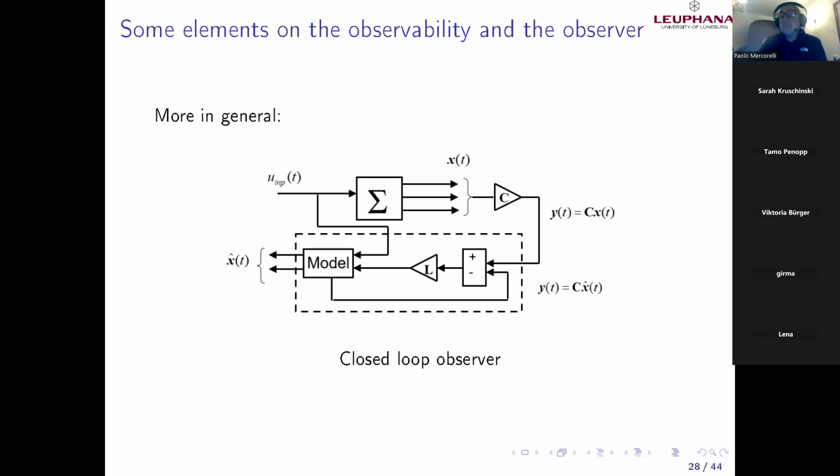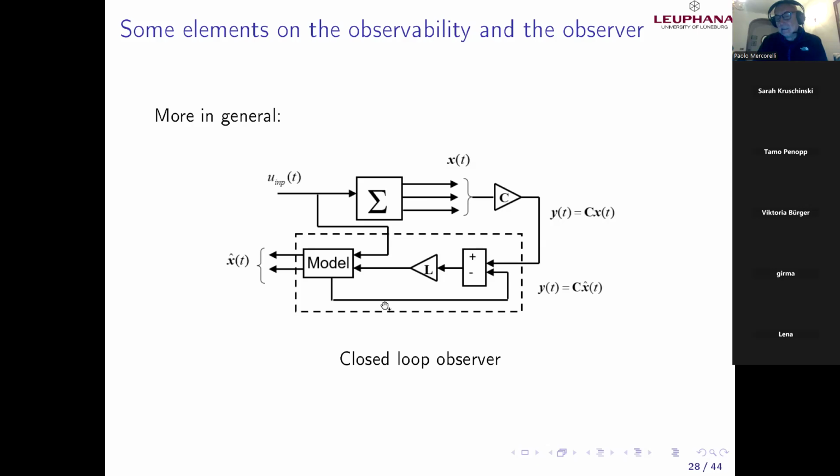C sensor means the map of the sensors, represented by the matrix C. As I told you, I can observe everything, X1, X2, X3 in this case, or Xn. And with L, I can speed up the observation, I will clarify in one second.